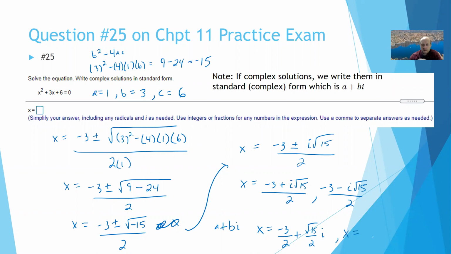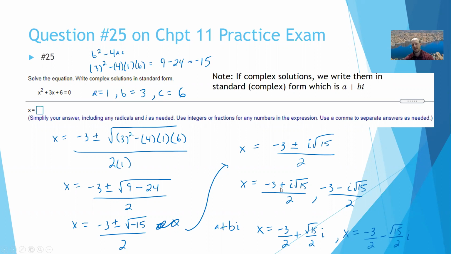And the other one would be x equals negative 3 over 2 minus square root of 15 over 2 i. Those would be your two complex solutions in a plus bi form.